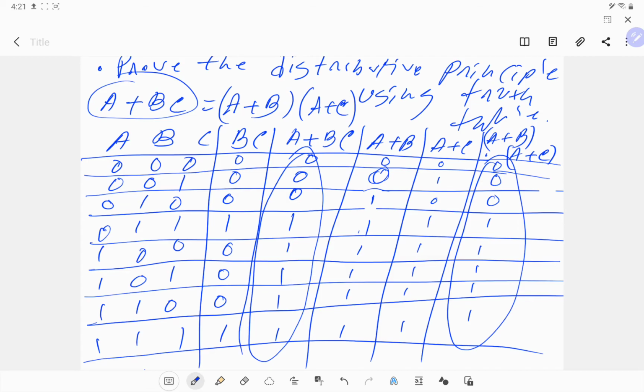In the same way, we should be able to prove the commutative principle, the associative principle, and also the De Morgan theorems. Note that for each identity there are two forms, one form for AND logic and another form for OR logic.